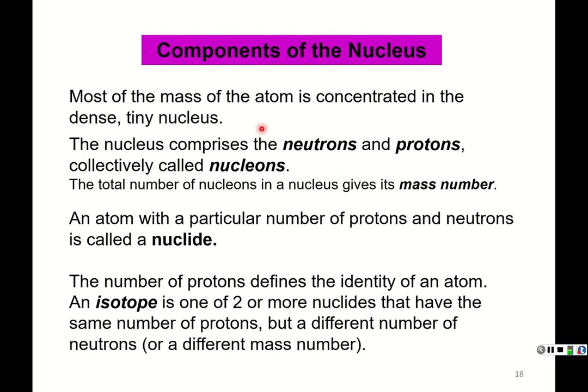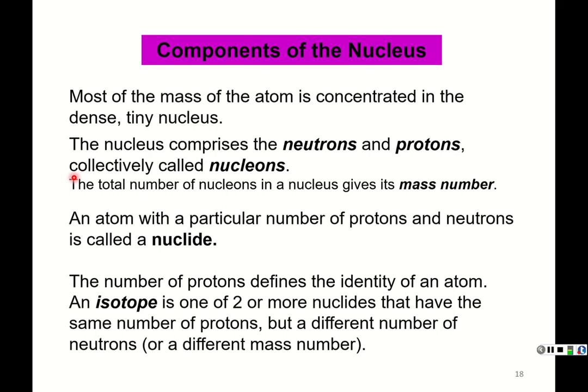Most of the mass of an atom is concentrated in the dense, tiny nucleus. That's sort of review from the first quarter of general chemistry. A visual aid for this is a basketball at center court of a basketball arena.